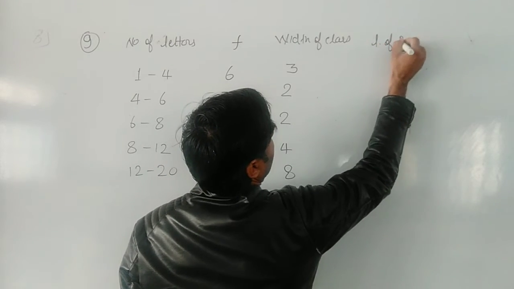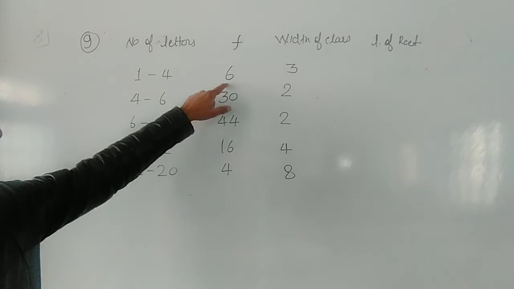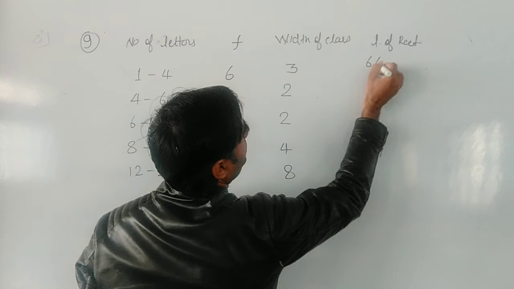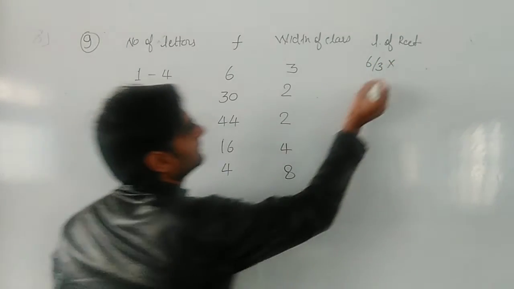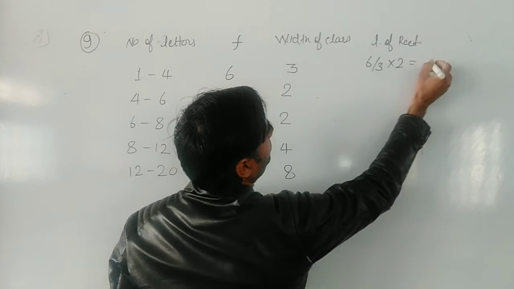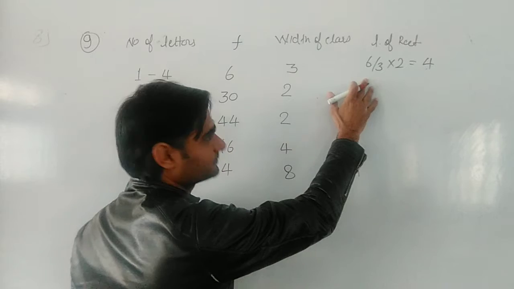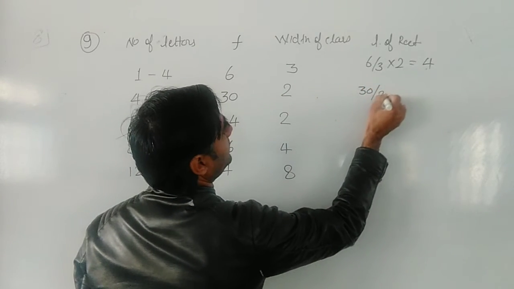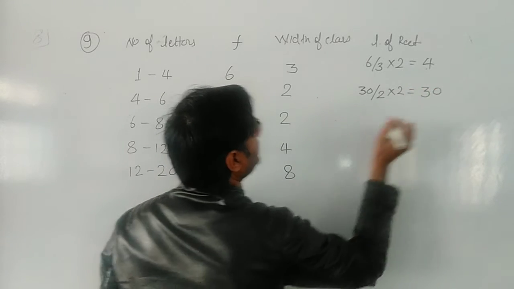Length of the rectangle. What will be the length of the rectangle for this first one? 6 upon 3, 6 upon 3 multiplied by 2. Minimum is 2, so multiply by 2 will be equal to 4. Right? Are you getting this one? Yes, sir. Then here 30 divided by 2 multiplied by 2. What will come? 30.